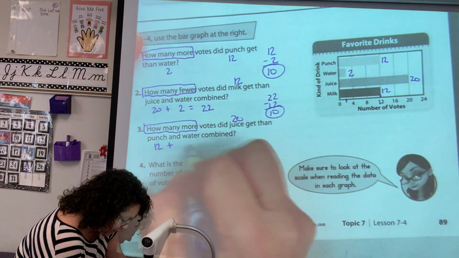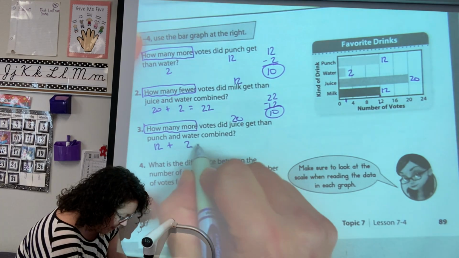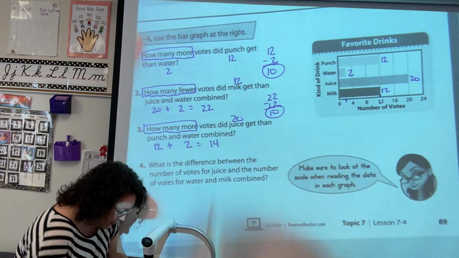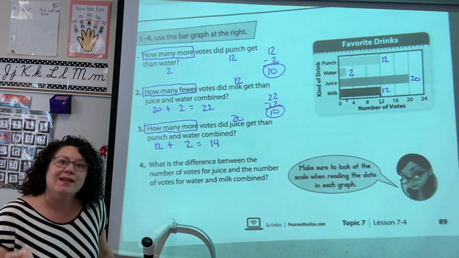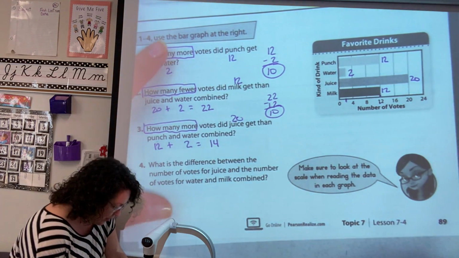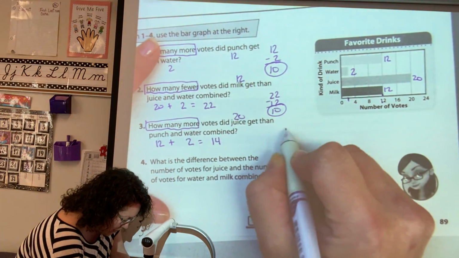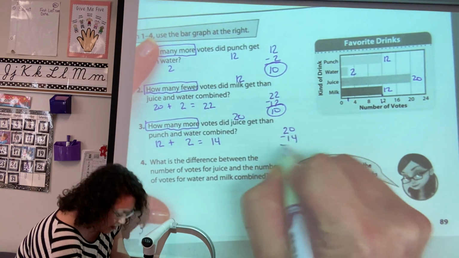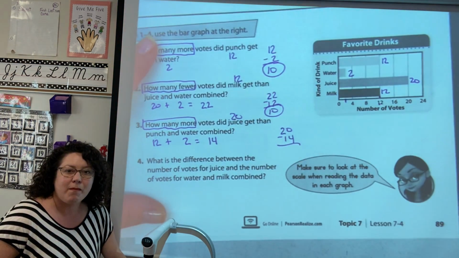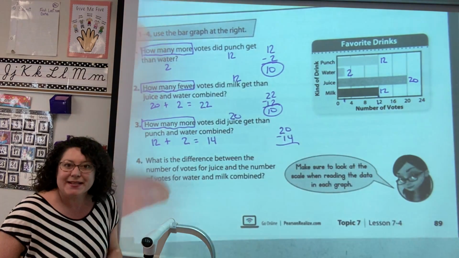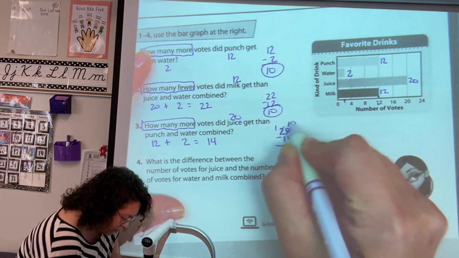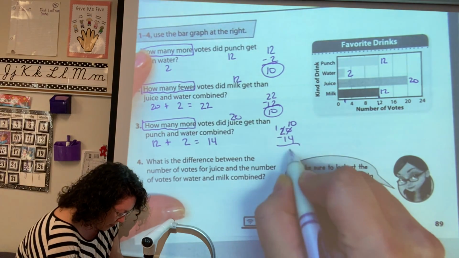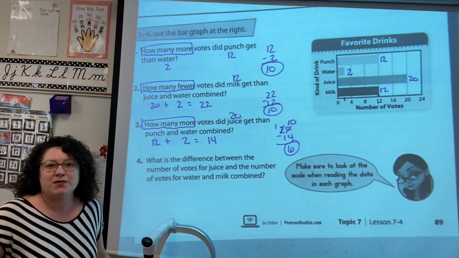Water got 2. So I would add those together and get 14. How many more? Those clues mean to subtract. So 20 minus 14. 0, can't take 4 away. Go next door, get 10 more. And 10 minus 4 is 6, and 1 minus 1 is 0.